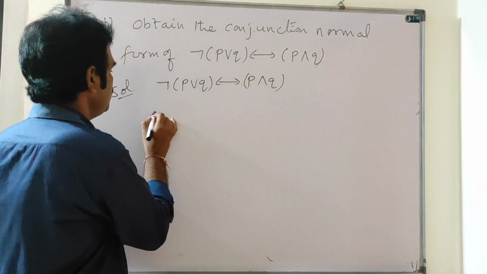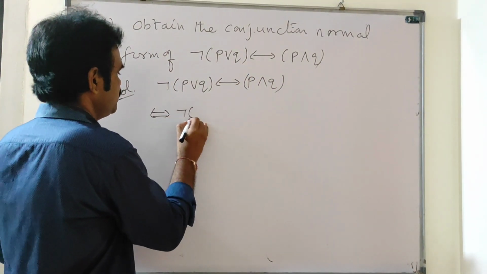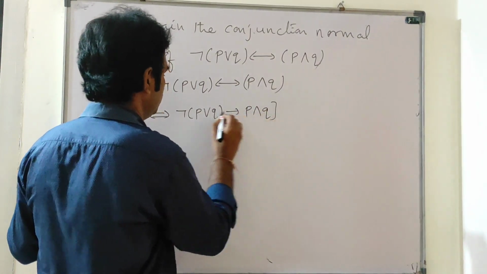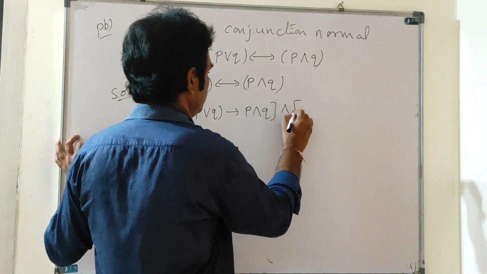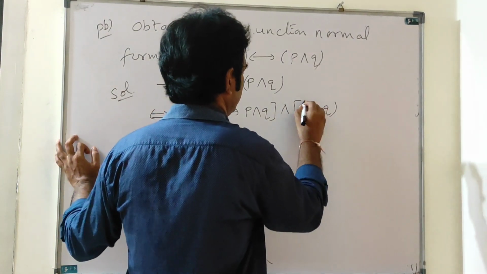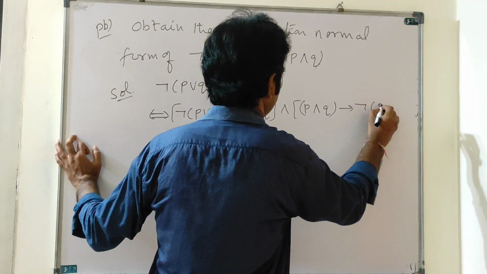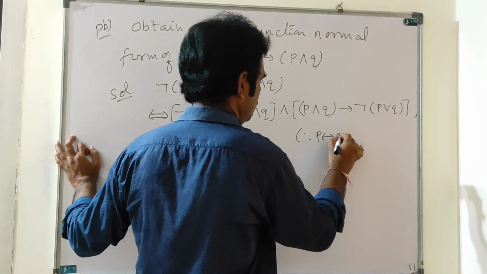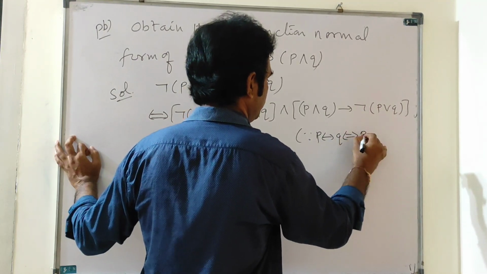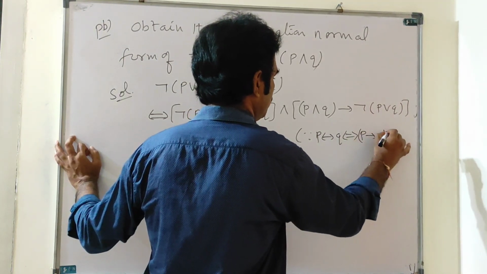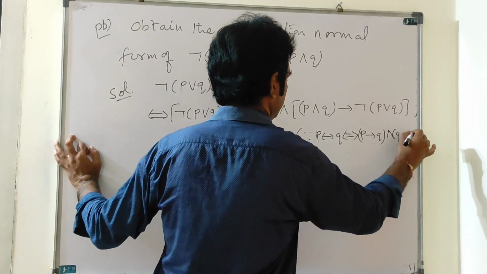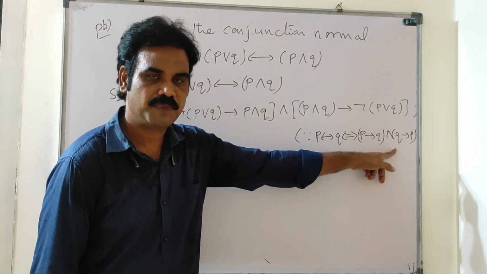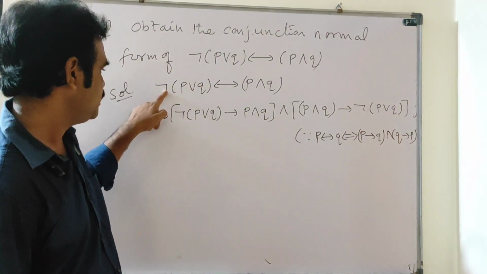This is equivalent to negation of P or Q implies P and Q, and P and Q implies negation of P or Q. Since P by implies Q is equivalent to P implies Q and Q implies P. Using this formula, we can write like this. Okay.